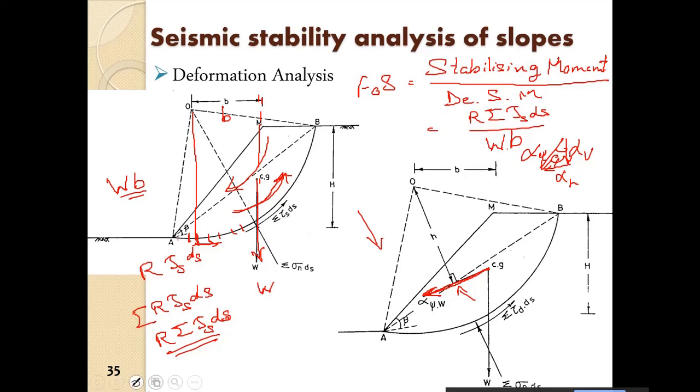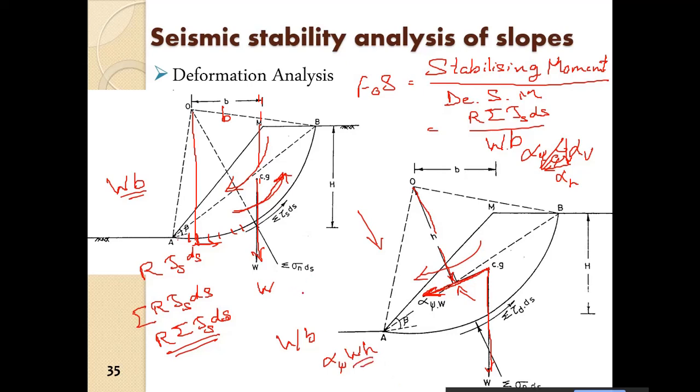So in this case, we already have W into b, the destabilizing moment. Apart from that, we have this alpha psi into W. This is the force and this is the lever arm h. About this h, it is rotating in this manner, so that is another moment.